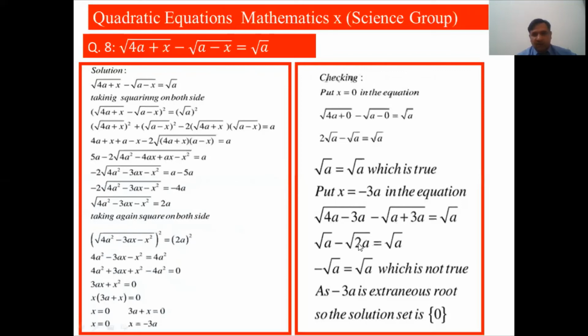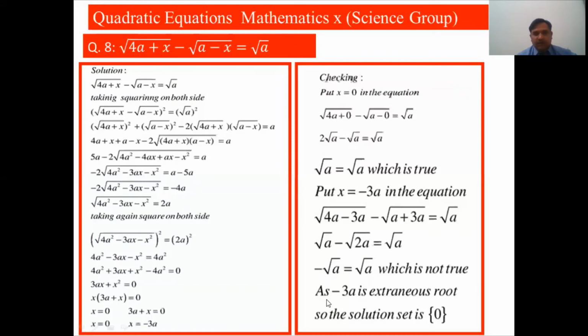So 4a can be written as 2 square root of a. So here this is an error, you can say this is a typing error. So this must be, this 2 is outside the radical sign. So when we add these terms, we have minus square root of a is equal to plus square root of a, which is not true.